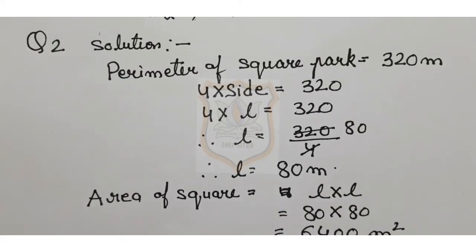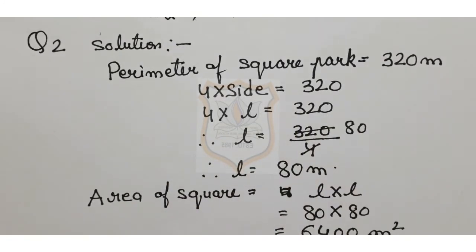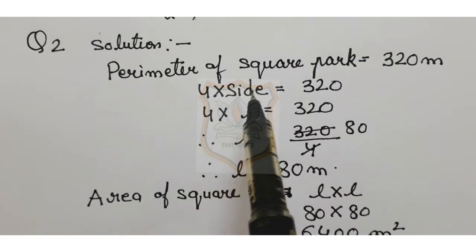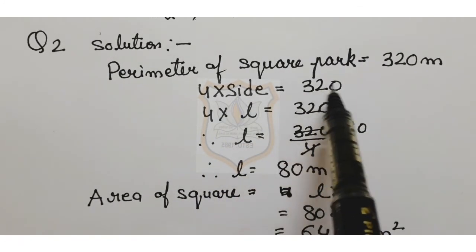The solution is: perimeter of the square park, that is already given in the question, and that is 320 meter. As you know, the perimeter of a square park formula is 4 into side, and 4 into side is equal to 320.